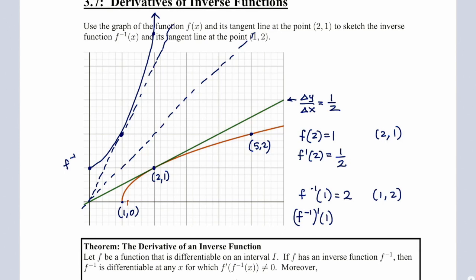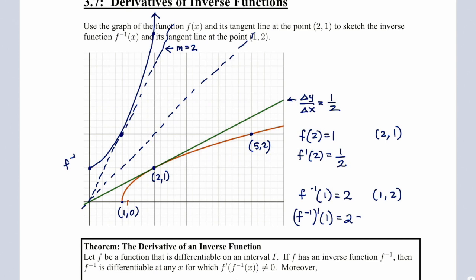So just like the points, the coordinates themselves get changed, the x and y switch, the ratio for the change in y over the change in x will also just be flipped over. So here, the slope of this line is 2. And that tells me then the derivative of the inverse function at the point 1 is 2.